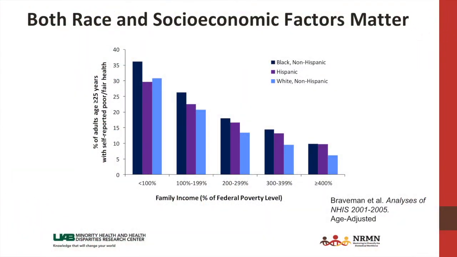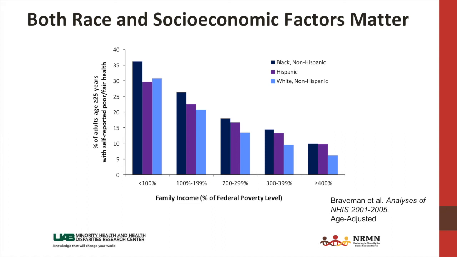So we've looked at income, education, and poverty and how that affects health. Why are there health disparities among African Americans and Hispanic Latinos? Because both race and socioeconomic factors matter. From this slide, you can see that unfortunately a higher proportion of African Americans are living below the poverty level.